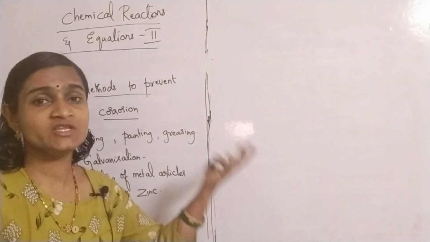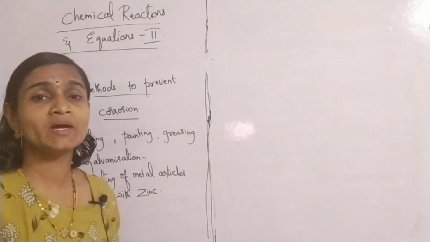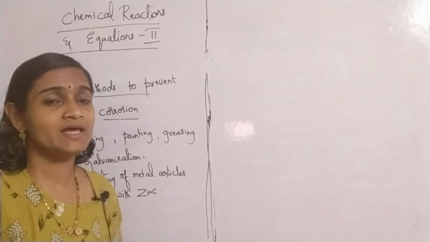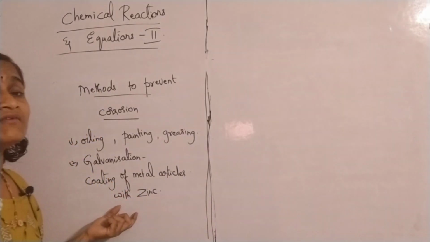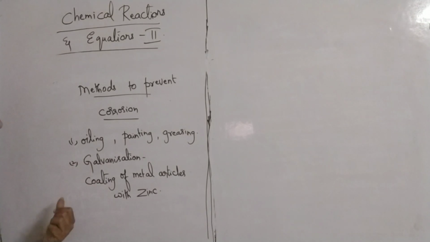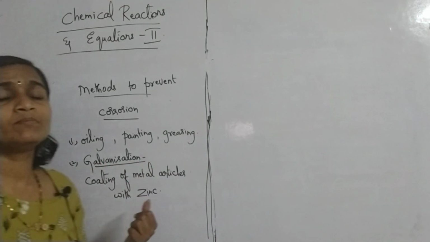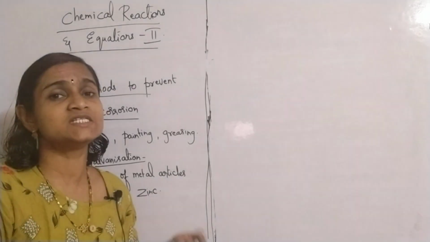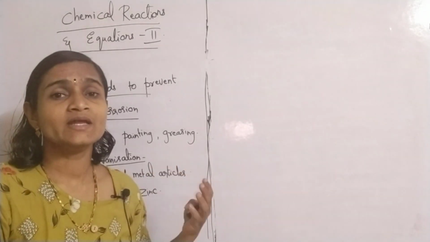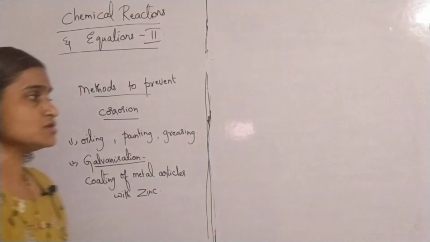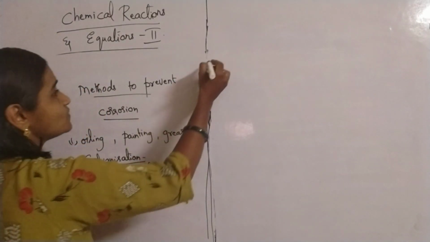Railway bridges like the Godavari bridge are coated with zinc, and that process is called galvanization. By coating any metallic substance with zinc, it avoids corrosion. So galvanization is one method.